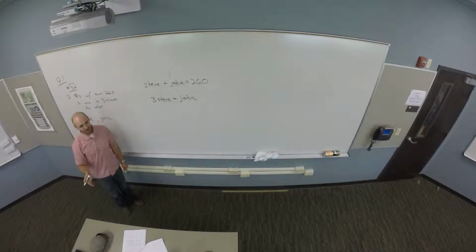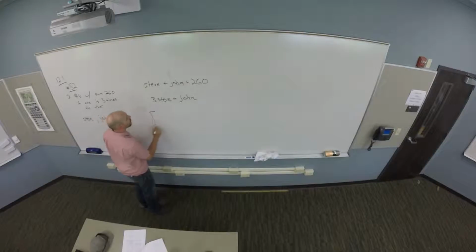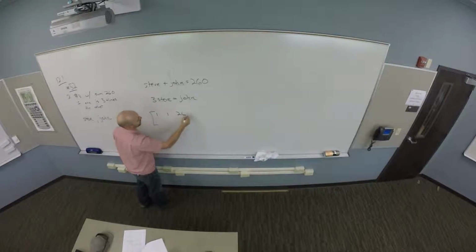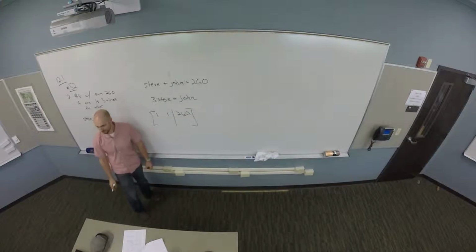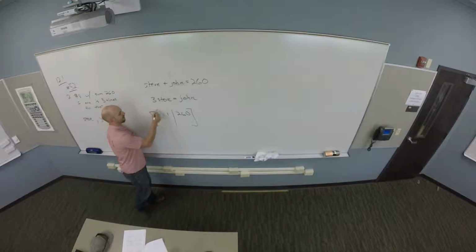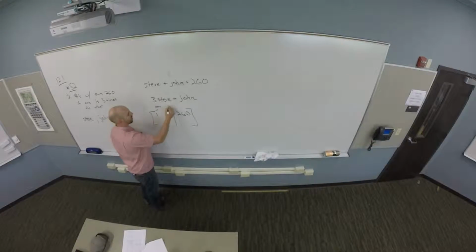Okay. So if I wanted to write this as a matrix, I would need 2 equations. Clearly one of my equations reads 1, 1, 260. The other one is 3, negative 1, 0. This is Steve's, this is John's, and this is the numbers, and this thing means equals.